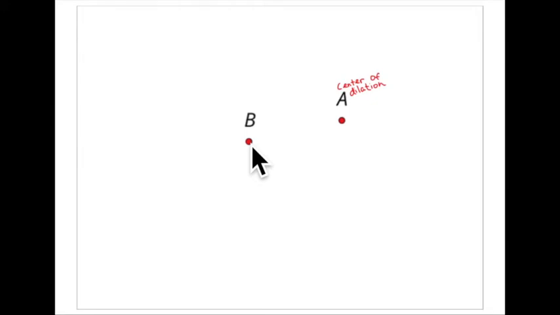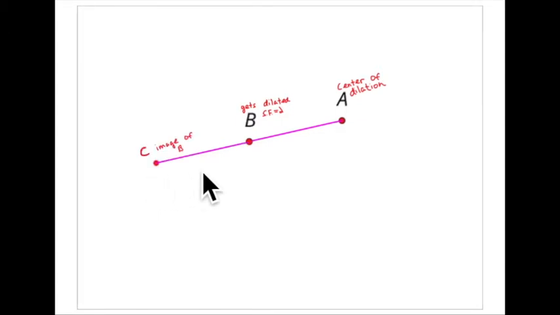It's the one that's moving either towards A or away from A in a straight line. And that distance is going to be the unit length. That's going to be what gets multiplied by the scale factor. So in this case, the scale factor is 2. So this length is going to get doubled. It's going to be from A to B, and then from B to C, the same length. So the total length is twice as long as the length from A to B. So C is an image of B.